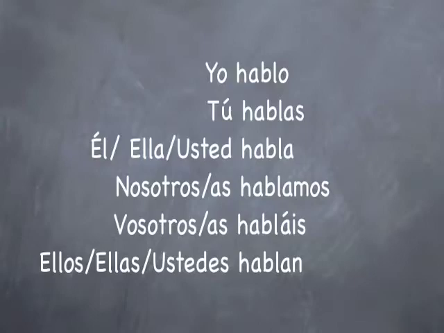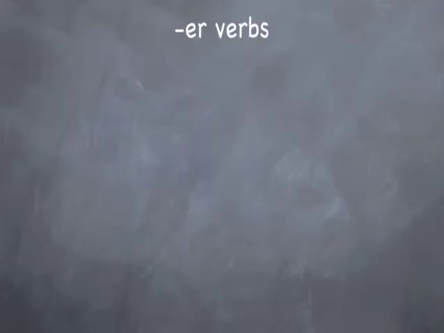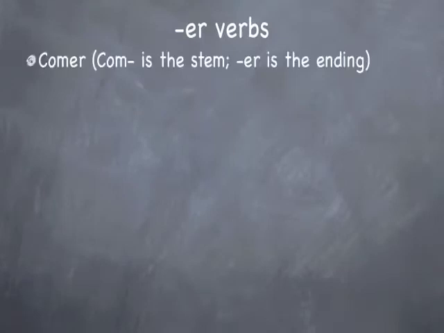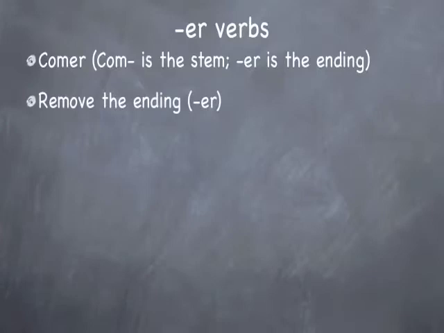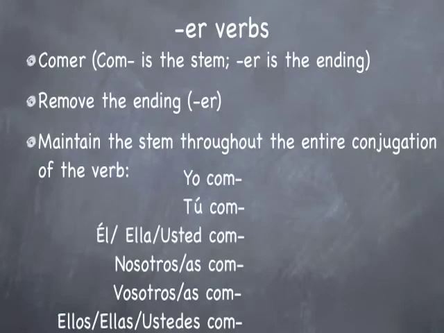Remember that in Spanish we have 3 conjugations, ar, er, and ir. This is the second conjugation, the ER verbs. The exact same process. We're going to use comer, the infinitive, as the example. You're going to divide into the stem and the ending. Drop the ending, keep the stem. This is what you're going to get, but the endings for the ER verbs are slightly different.